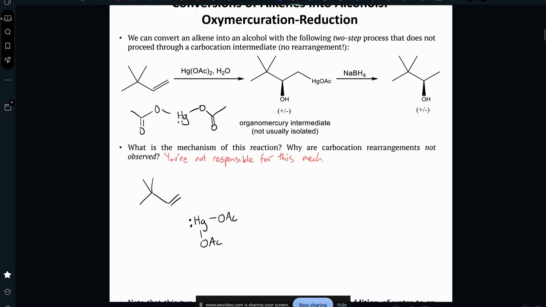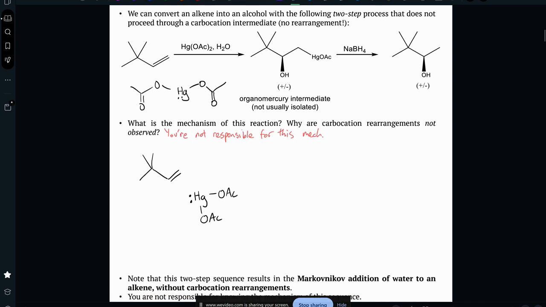In our first step, we're going to do something that's similar to forming a bromonium ion. We are going to have the carbon-carbon double bond attack the mercury, while at the same time, the lone pair on mercury is going to come back and form a three-membered ring.